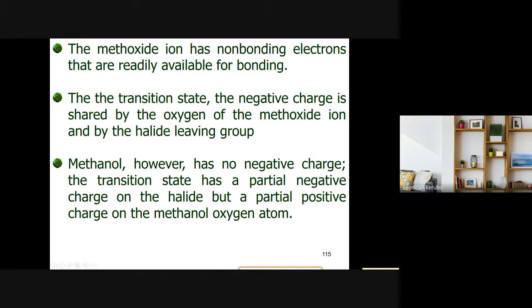However, with methanol, which has no negative charge, the transition state has a partial negative charge on the halide ion, but a partial positive charge on the methanol oxygen atom.